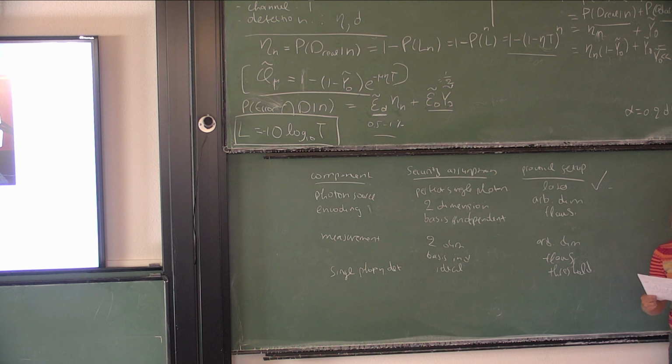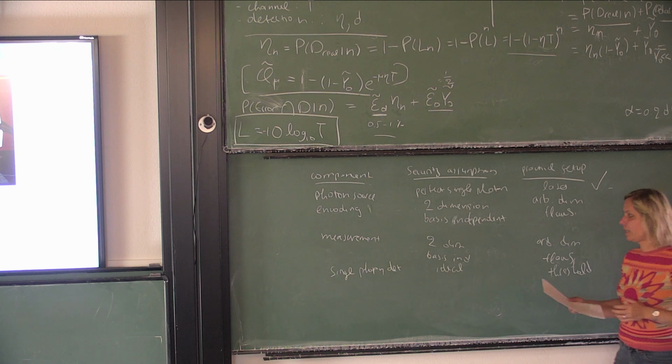This is important because if you don't phase randomize the coherent states, Eve can perform an unambiguous discrimination attack. She can discriminate the coherent states that are coming out.